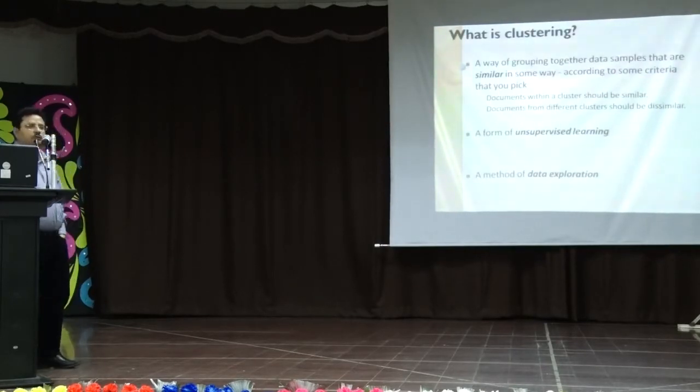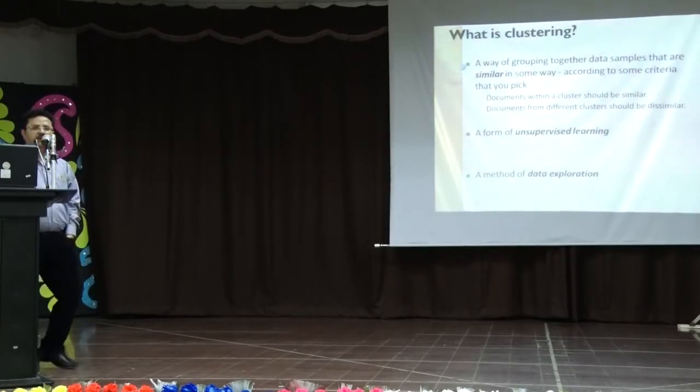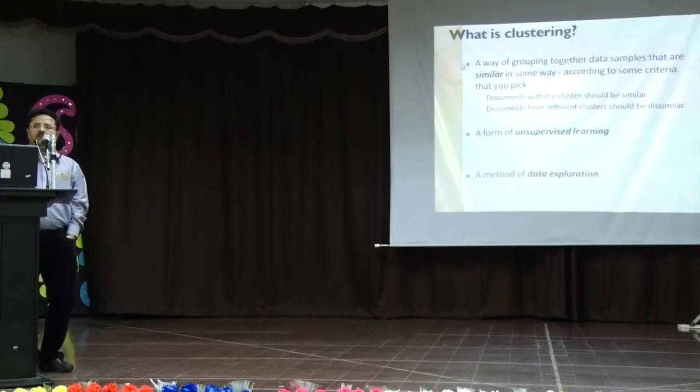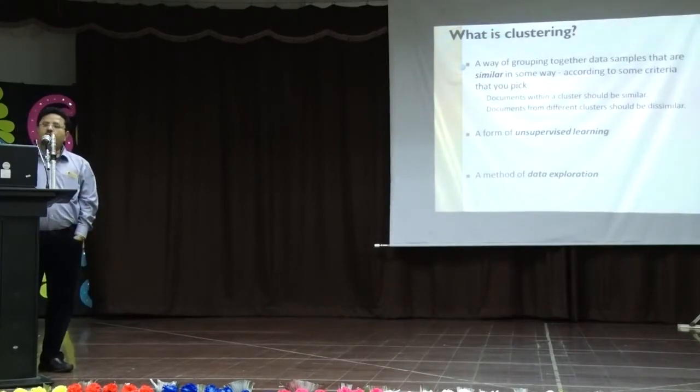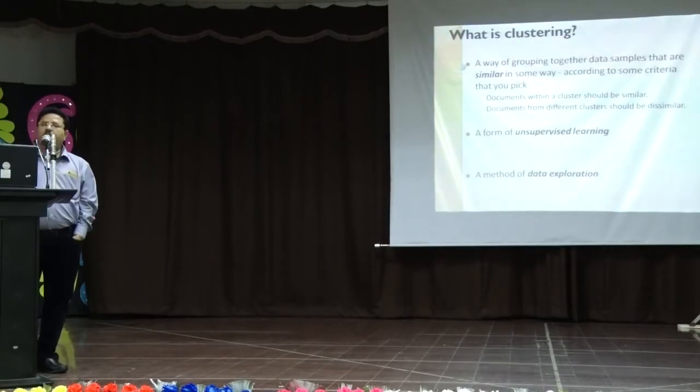As I already told before, clustering is a way of putting together data samples based on the similarity or dissimilarity of some features. It is a form of unsupervised learning. Why unsupervised? Because you do not know beforehand what is going to happen after the clustering task.